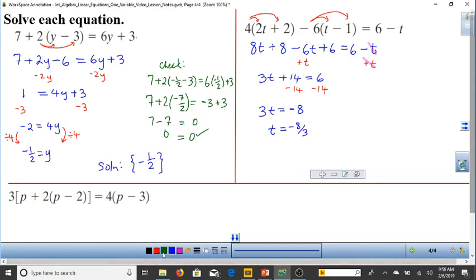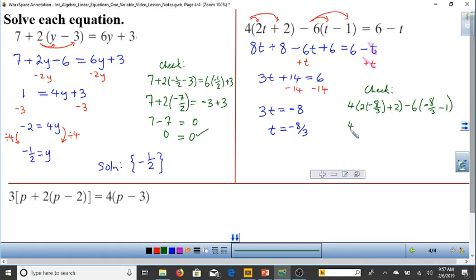And then we are going to check to make sure, and you can always use your calculator to verify this. So we do 4 multiplied by 2 times negative 8 thirds plus 2 minus 6 times negative 8 thirds minus 1. Let's see what that works out to be. So 2 times negative 8 thirds is negative 16 over 3.